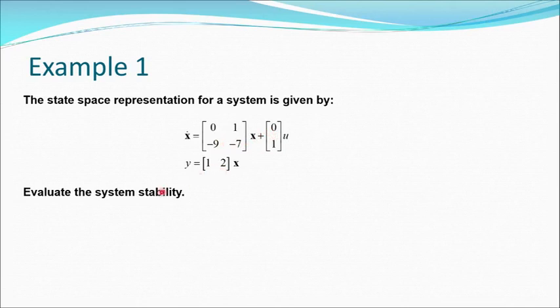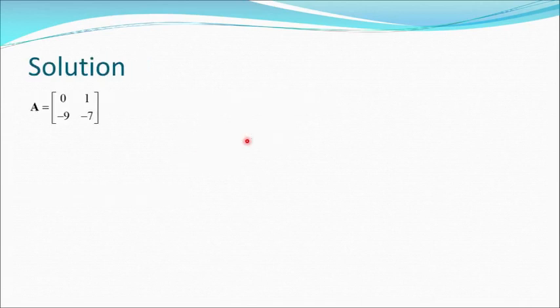Remember that we only need the A matrix or the system matrix to identify the system stability. Note that the state space has two state variables, so the sI matrix will be a 2 by 2 matrix.